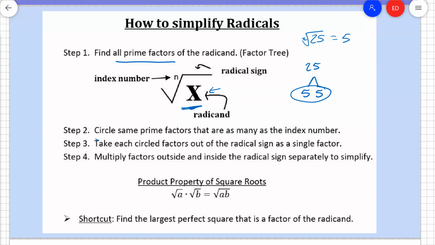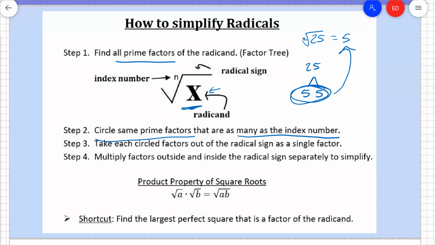Okay, so step 2 says circle the same prime numbers. That's what I did here. As many as the index number, and that index number is 2. Then we're going to take each circled factor out of the radical side as a single factor. Then multiply the factors outside and inside of the radical sign.